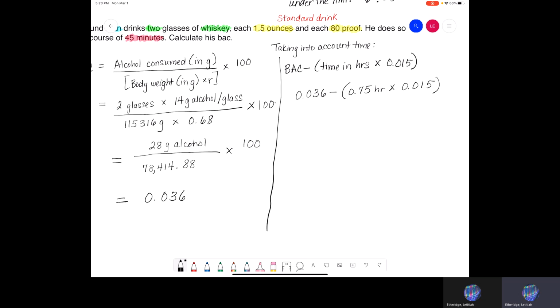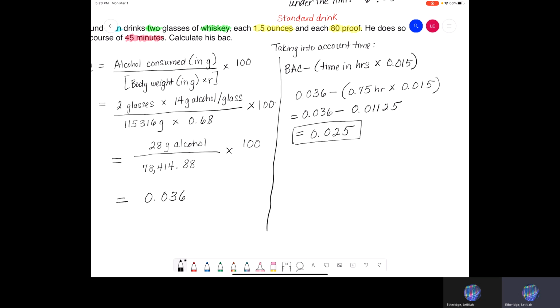Okay, let's do the parentheses first. 0.75 times 0.015. We end up with this number minus 0.01125. Now we just need to subtract 0.0636 minus 0.01125. You end up with 0.025.